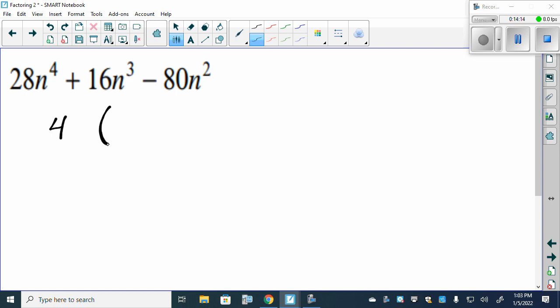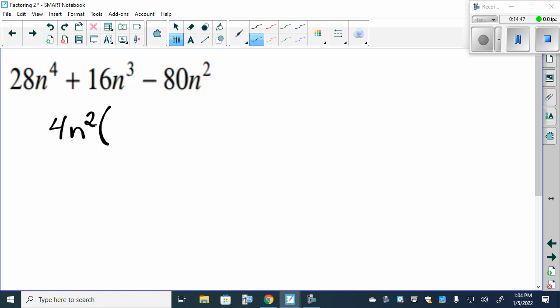Now there is one other greatest common factor between these three terms. 4 is across all three for the numbers, but there is something else in common in all three, and it's not a number. They all have an n. They all specifically have n squared. Each one of them has 2 factors of n.